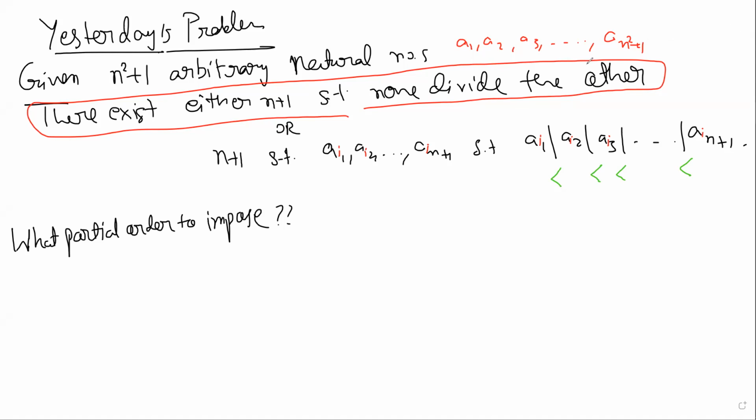See, it's divisibility. So what was the other order we had put on the naturals? Yes, absolutely. That's all that we have to do, right? I'll say that A less than or equal to B if and only if A divides B. You could probably do the other way also.